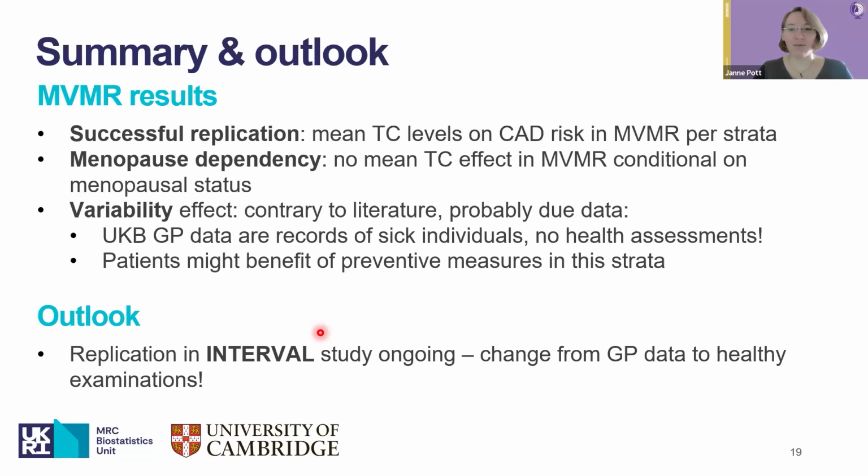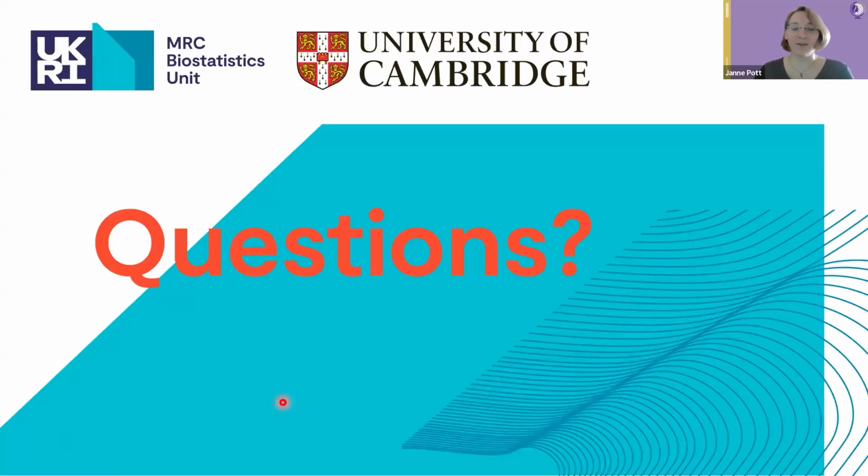So it might make sense why we see this negative effect and not a positive effect. And that's why we want to replicate our finding in the INTERVAL study. That's a study of healthy blood donors here in Cambridge. We hope that by changing to this healthier data set, we might better understand the variability effect. And with this I'm done. Thank you for your attention, and I'm happy to answer any questions.